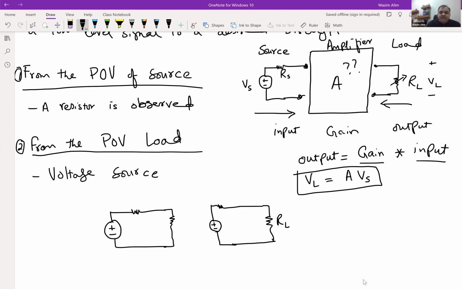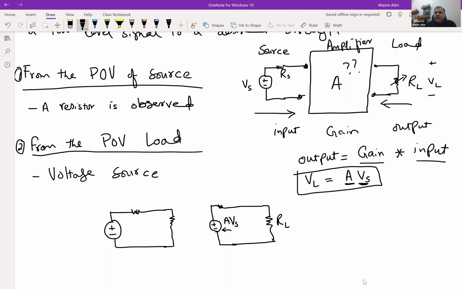So essentially, the value of this particular source is going to be factoring in this gain and the actual source voltage. So the value of this is going to be A V sub S, right? So now we can also observe that it is dependent on a certain value, which is the gain, and the source voltage.